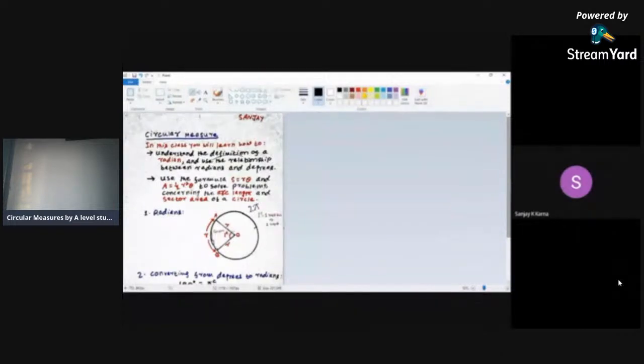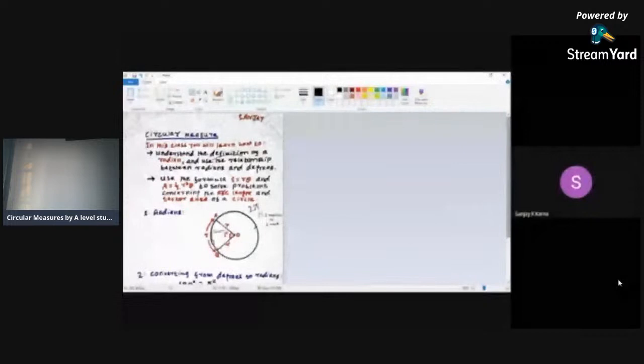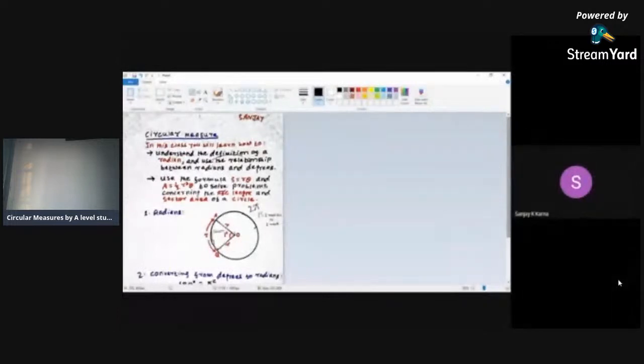So this defines the 1 radian angle. So the condition is that if the radius of the circle and the length of this arc AB are equal, then an angle will be subtended at the center, and that angle is measured as 1 radian, and this is called the 1 radian angle.